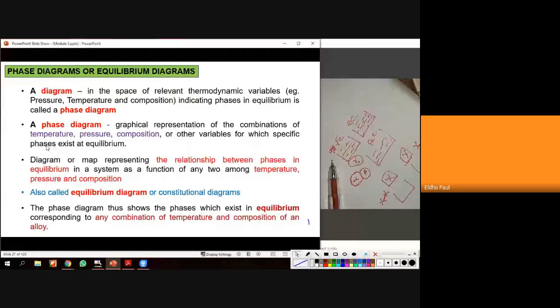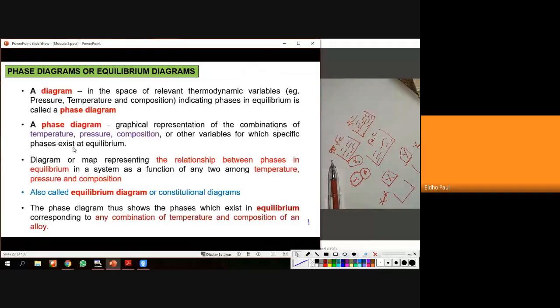The combination is temperature equal to 20 degrees Celsius, composition equal to 35 and 60. In that combination, we can say the phase is in equilibrium.